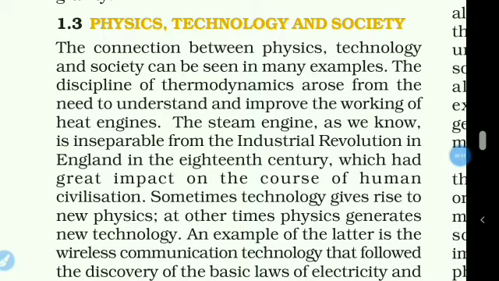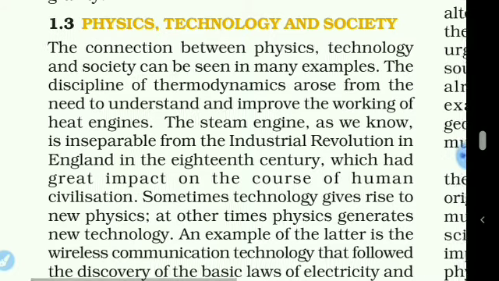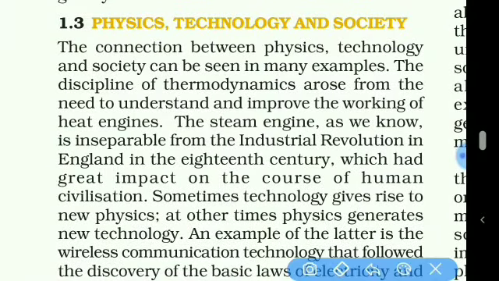Now, in this topic, we will study how physics is helpful for the development of technology and how this technology is useful to society.